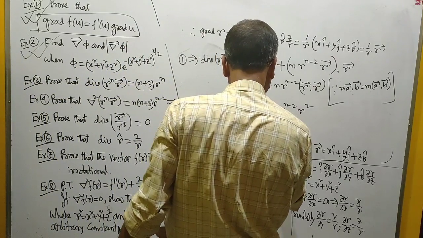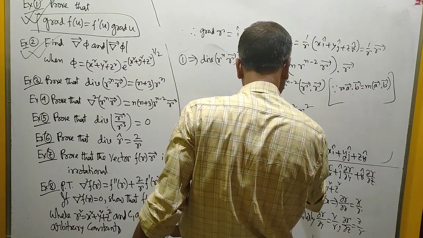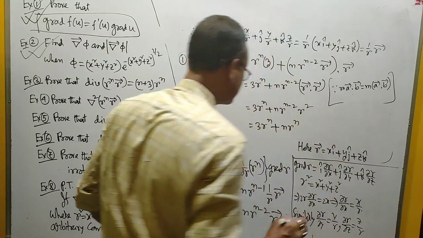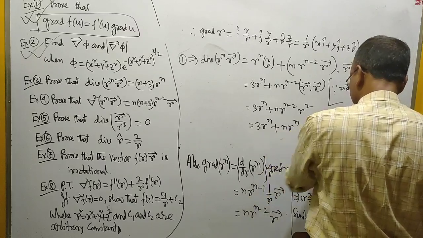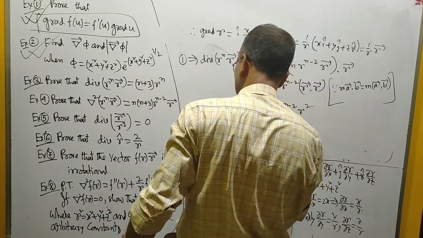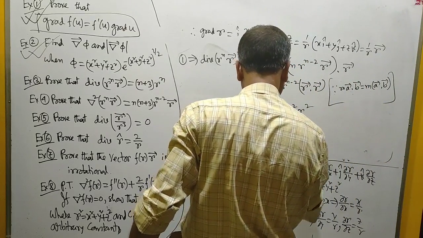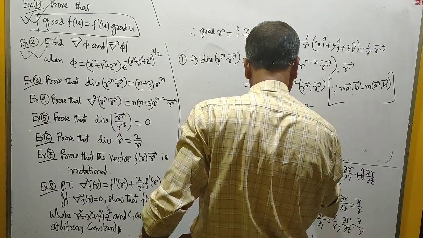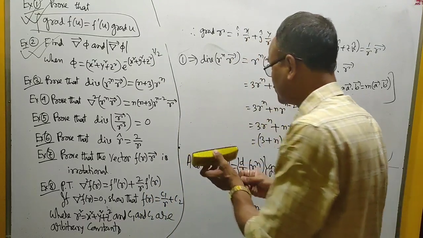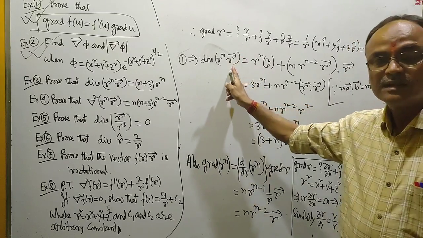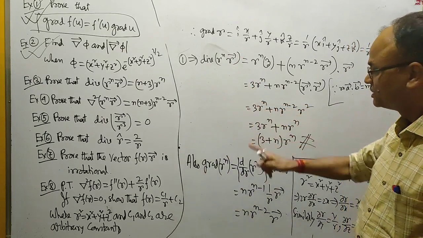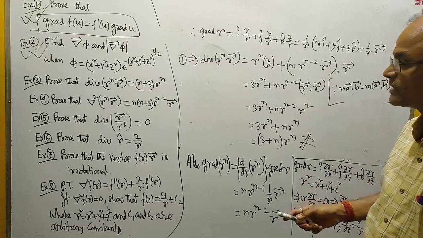This is equal to 3 r to the power n plus n r to the power n, which equals 3 plus n times r to the power n. Therefore, divergence of r to the power n r vector is equal to 3 plus n r to the power n.